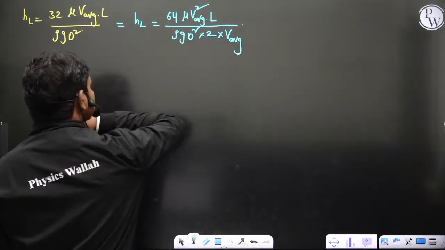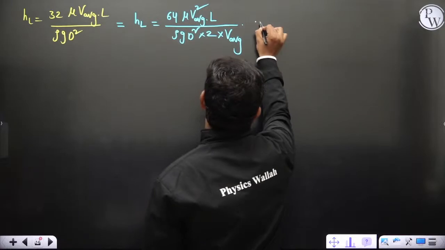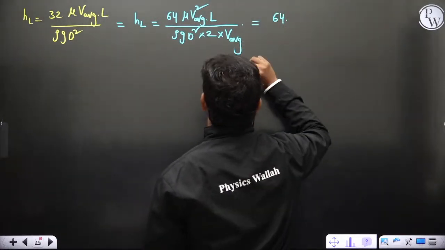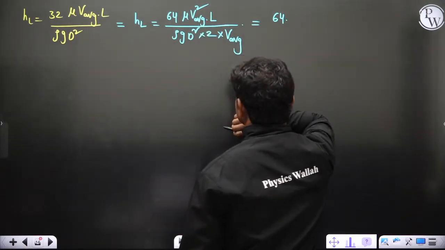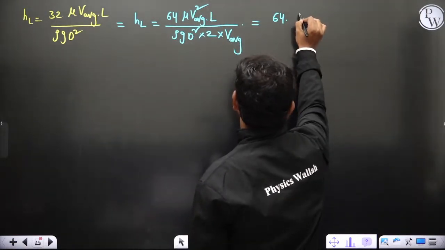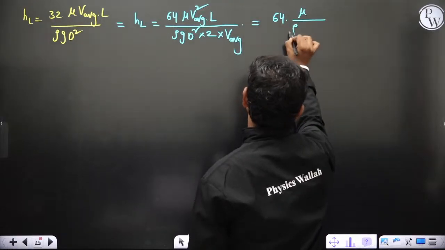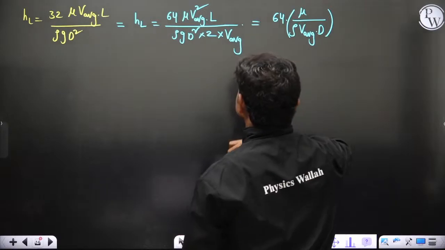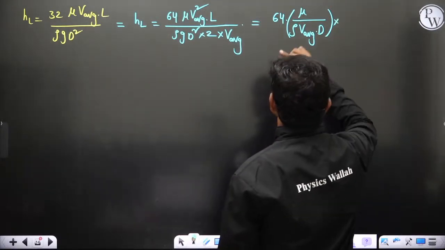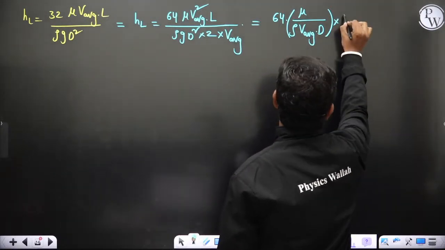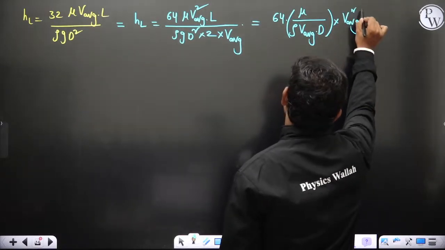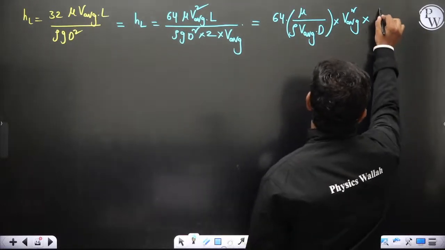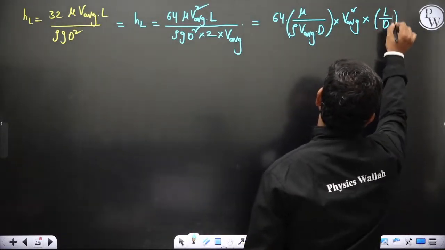If you do this, then we have 64 into this term: mu divided by rho V average into d, so one non-dimensional term is here, into V average square, into L divided by d. This is again non-dimensional, correct?